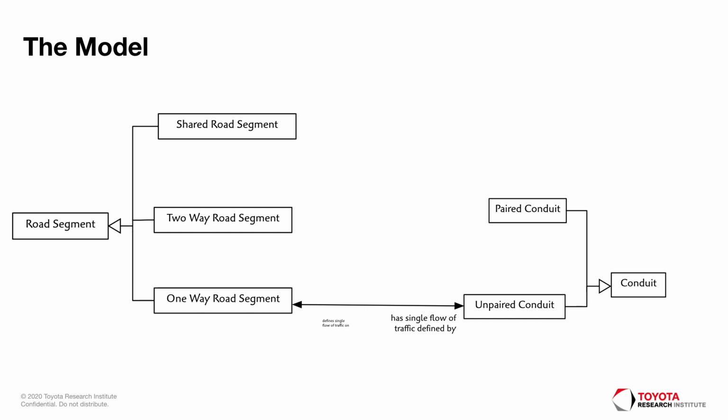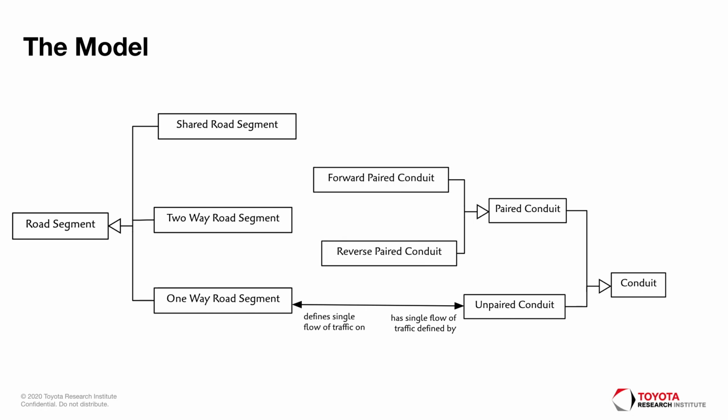Now, a paired conduit is either forward or reverse, and if it's forward, it must be defining the forward flow of traffic on exactly one two-way road segment. And, since it's paired, it has to be matched up with a two-way road segment and not a one-way. And we can make a similar statement for the reverse paired conduit. Taking the perspective of a two-way road segment, we see that we always have one forward paired conduit and one reverse paired conduit.